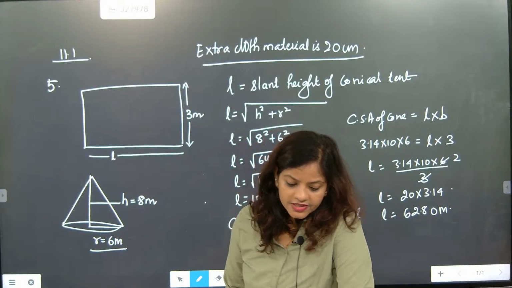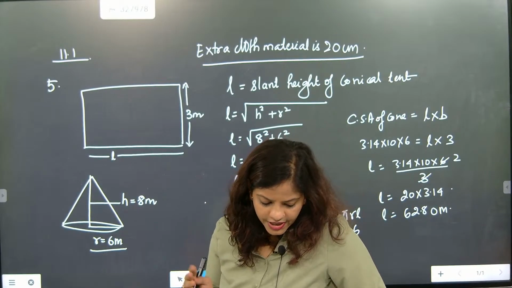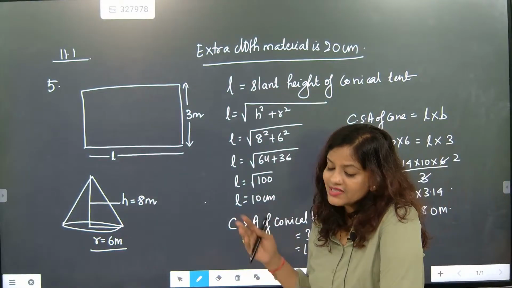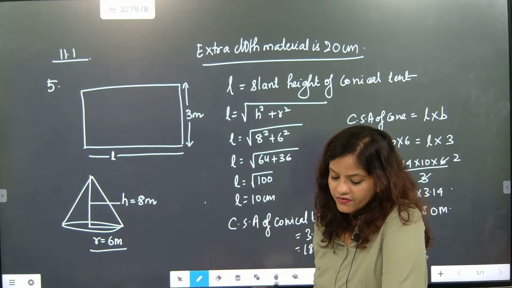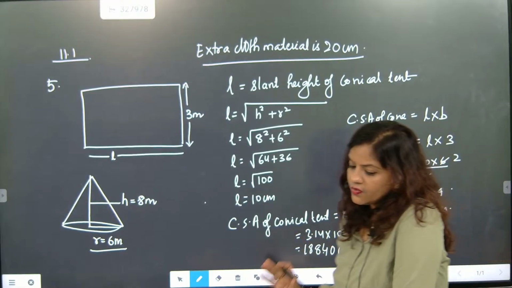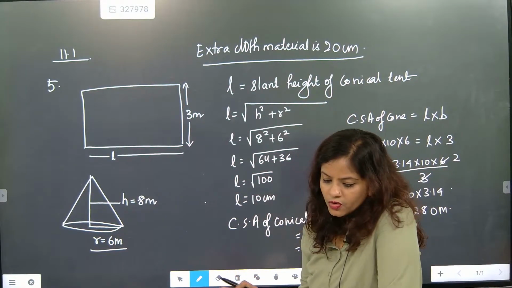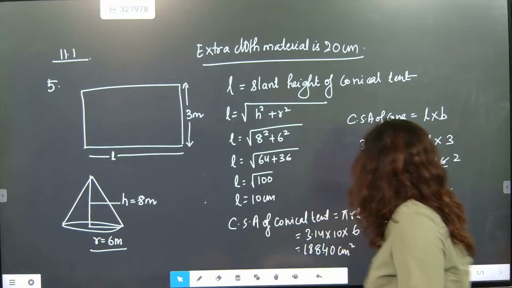Now beta, 20 centimeter of cloth is getting wasted. So now here we got the length. In that, 20 centimeter length is getting wasted, beta.